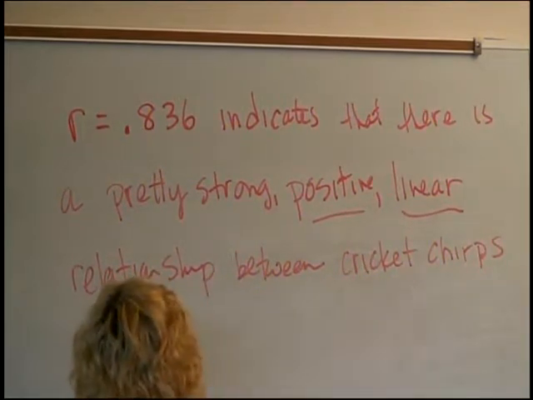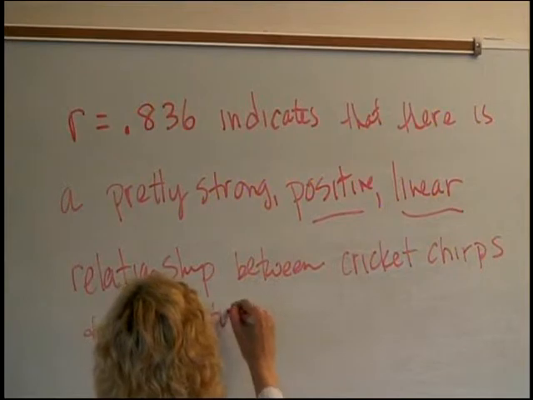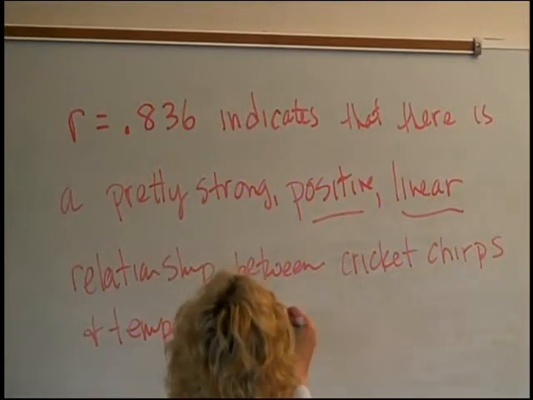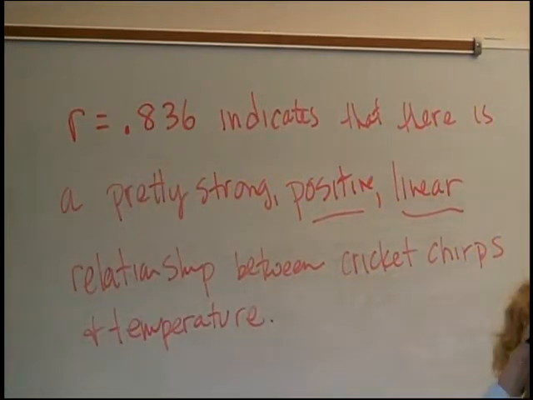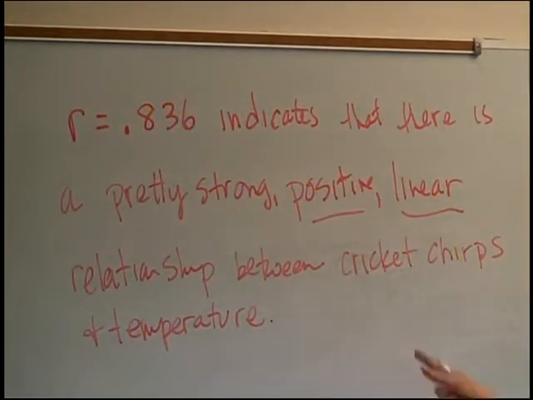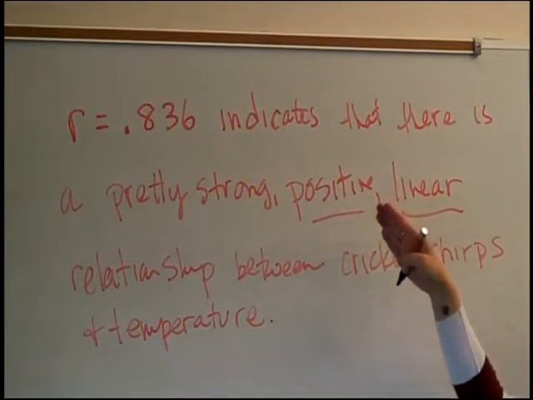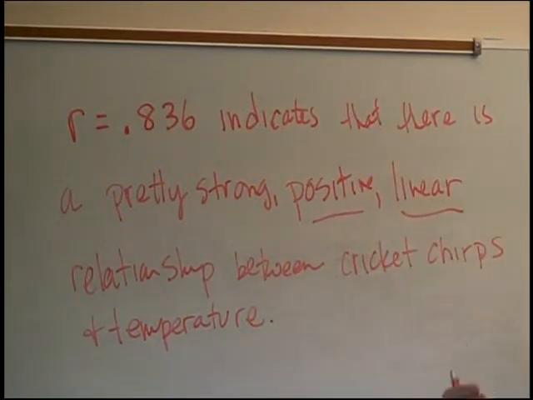How does that indicate that? Okay, remember the R value is the one where I drew strength on the ends and then worse towards 0. So the closer R is to +1, the better the positive linear relationship. The closer it is to -1, the stronger the negative linear relationship.